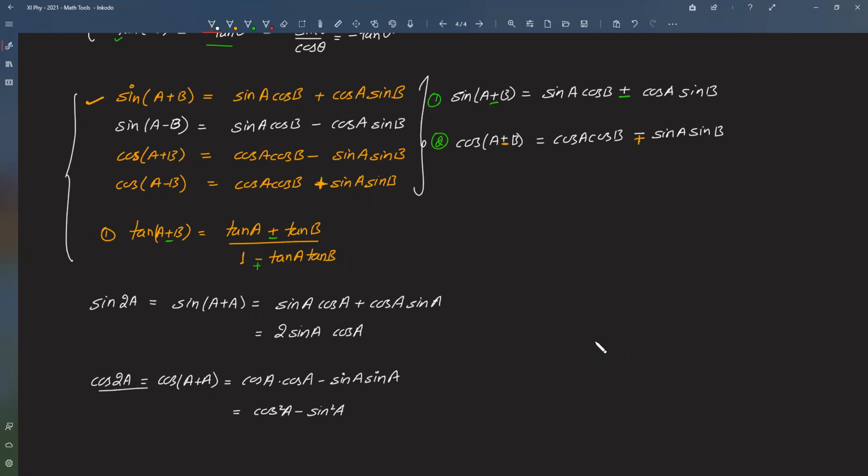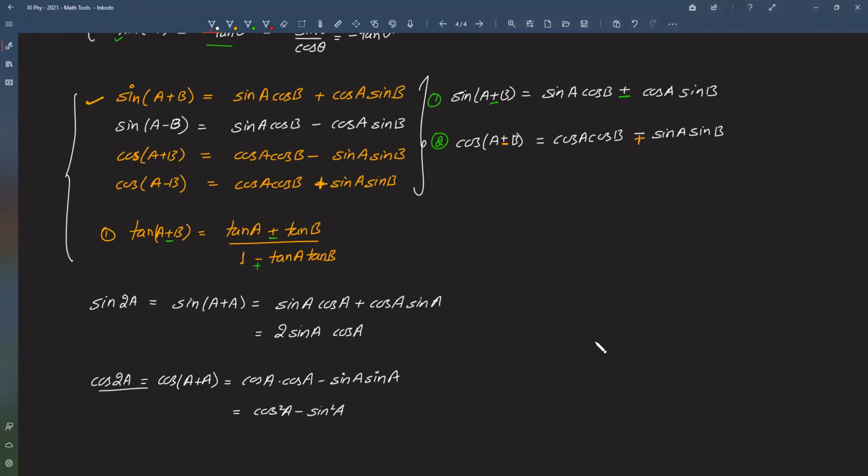Now that is cos 2A, and if you see this cos square A and sin square A, we know that cos square theta and sin square theta are related. How are they related? Cos square theta plus sin square theta is 1. So here also you can apply that relation.